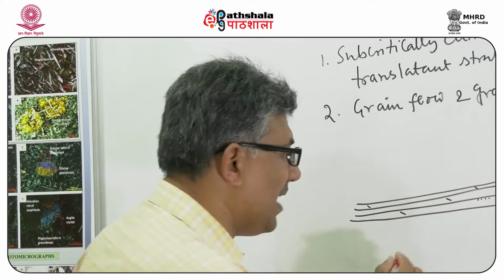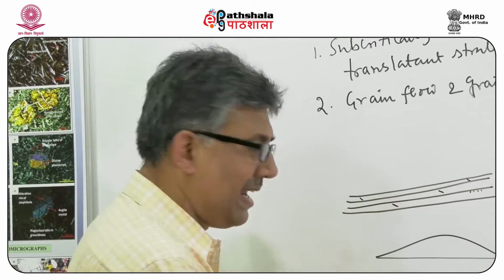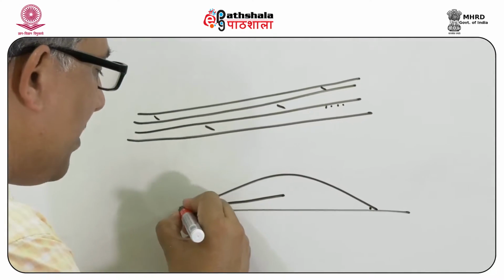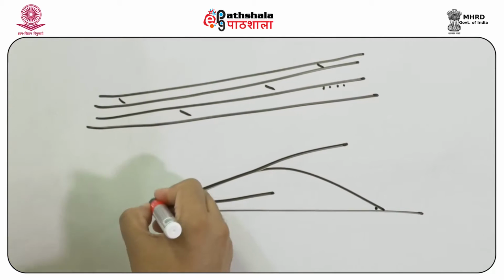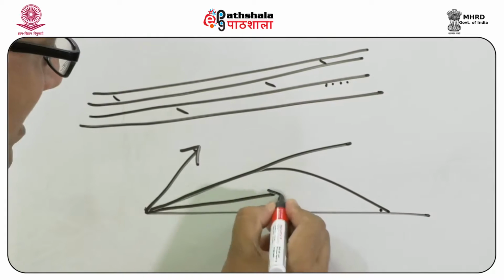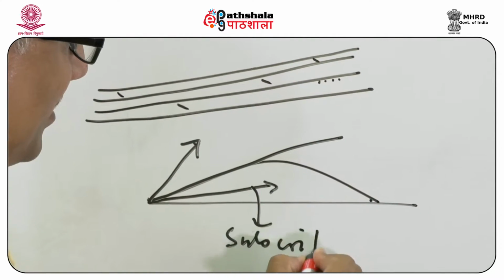Now this climbing can happen in three different ways, let me discuss a little bit. A climbing can be less than the Stoss angle, a climbing can be following the Stoss angle, a climbing can be more than the Stoss angle. If the climbing is less than the Stoss angle, then we call it subcritical climbing.